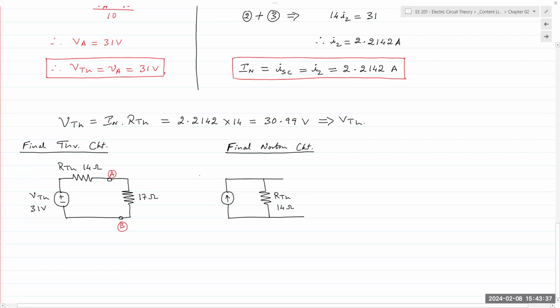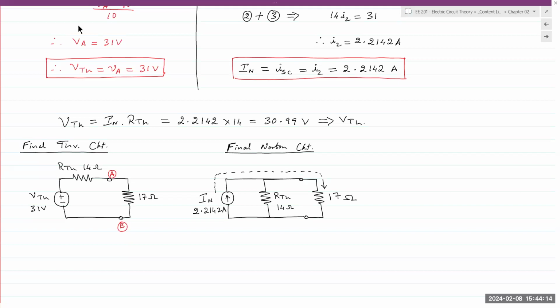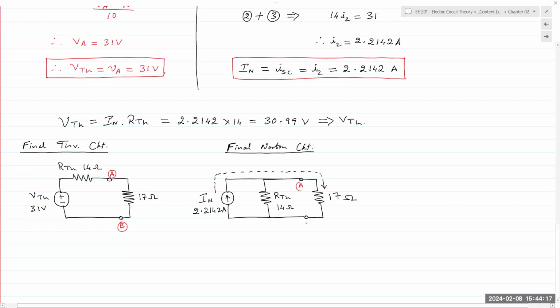Current is going in the upwards direction, in order for it to go down into the 17 ohm load. Again, remember, current is being delivered, so it has to be going down because this current goes down, so logically it follows that this current has to go up. Okay, so always keep track of your current directions. It's 2.2142 amps. And that's it. Of course, my terminals A and B.